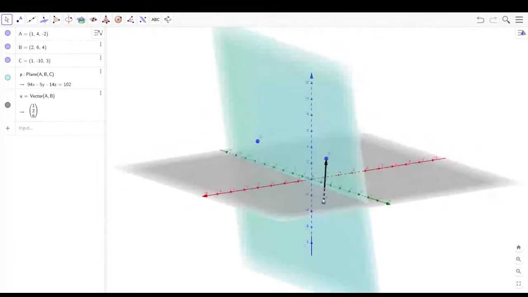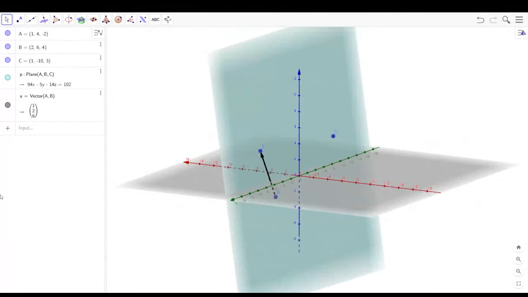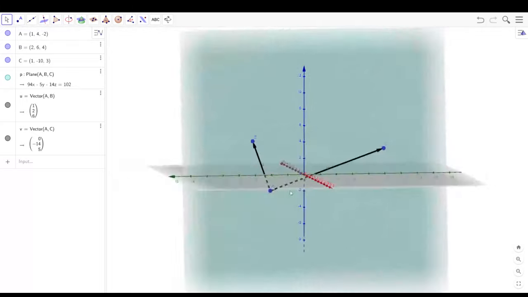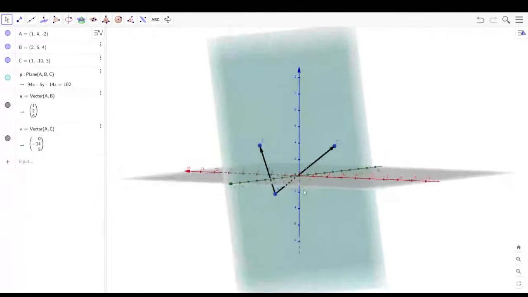Can you see that? I don't want to make you dizzy. And if I make V be the vector, let's say from A to C, there that is. Can you see how they're both parallel to that plane? Oh my goodness, how good is that?